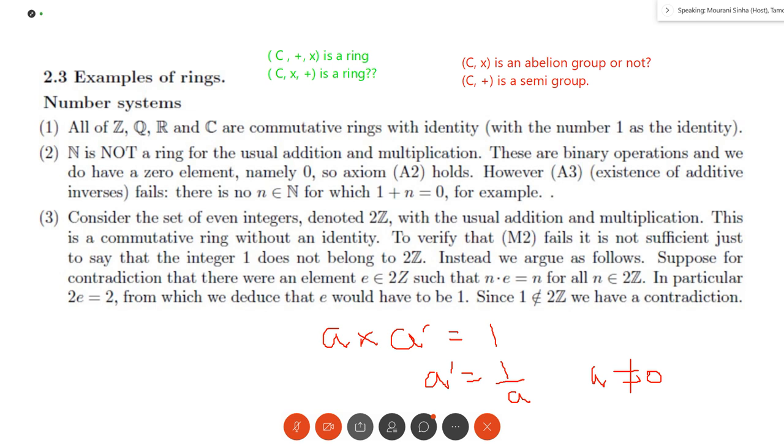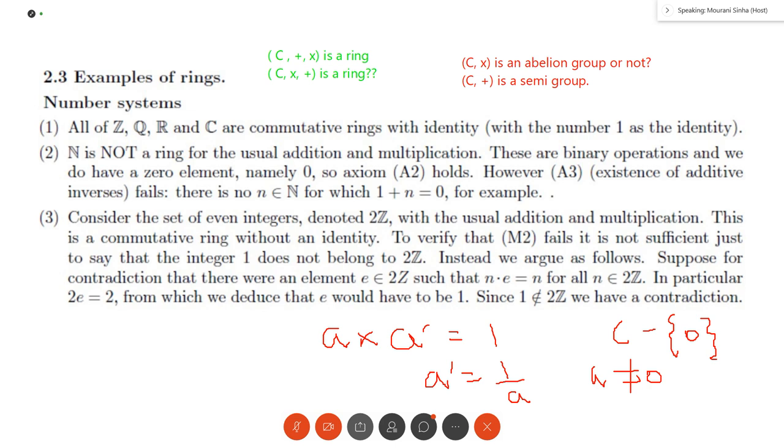For the set of complex numbers, if the set is C minus 0, then only inverse is possible, otherwise not. So you will get stuck here at the first step only, that it is not a ring, because abelian group is not formed for multiplication under complex numbers.